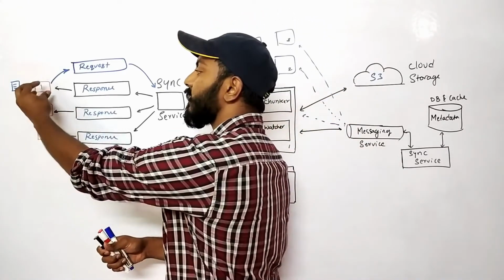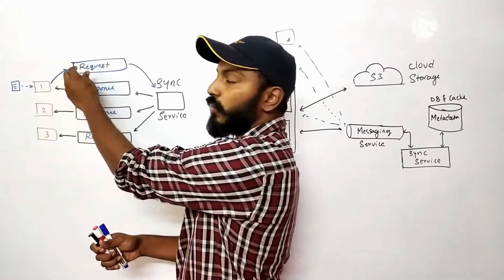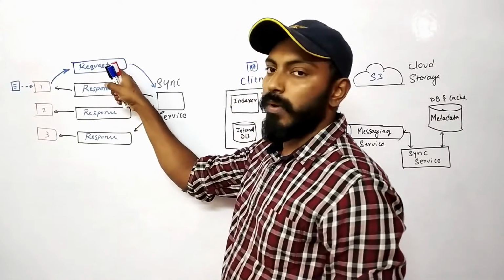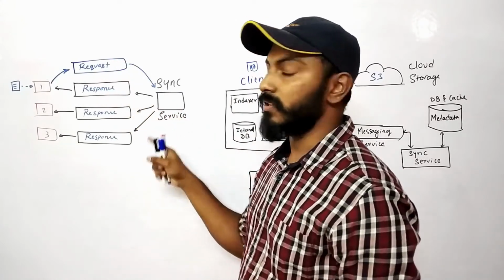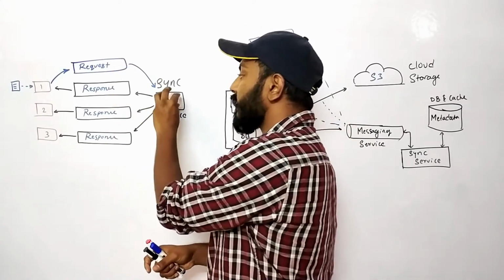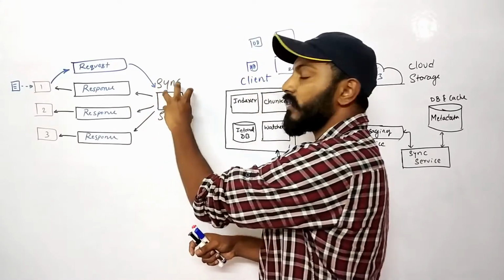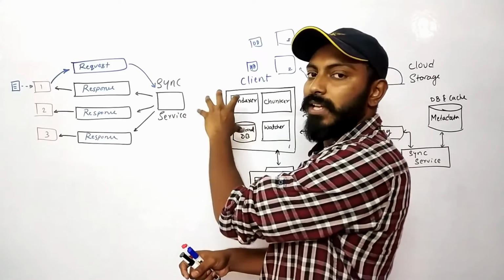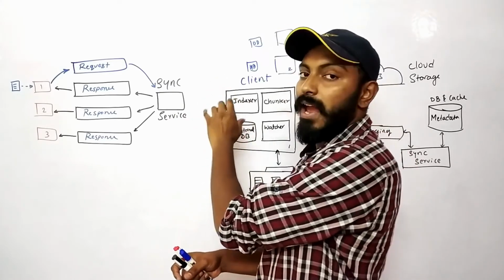So this client posts the metadata information to the request queue, and that message stays here. Then this queue is connected to the sync service, and that message will be read by the sync service. As I mentioned earlier, the sync service will update the information in the metadata store, that is, the metadata DB and cache.